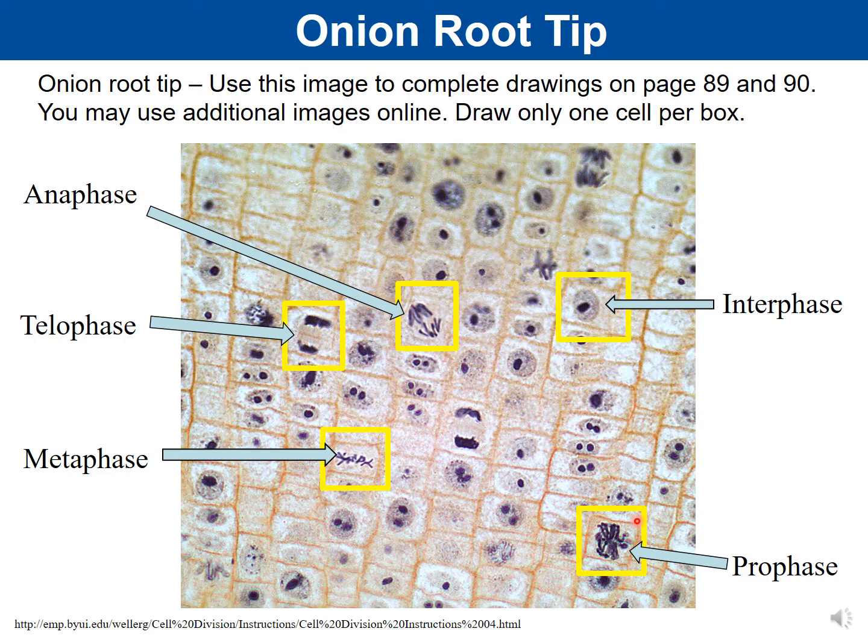Now, if we're trying to locate a cell that is in prophase, remember the main events that happen in prophase: chromosomes condense, so you can see that they're starting to pack in more tightly, and the nuclear envelope is going to break down. So notice that in this cell, the DNA is still kind of in a circular shape because the chromosomes are condensed and the nuclear envelope is starting to be broken down.